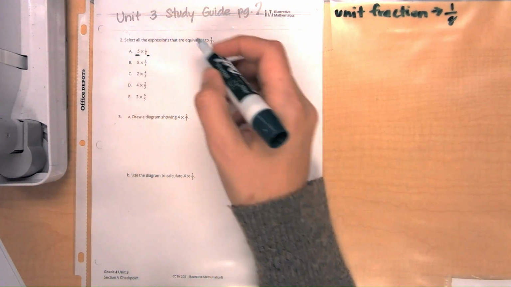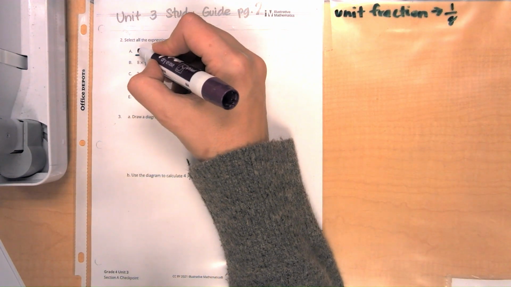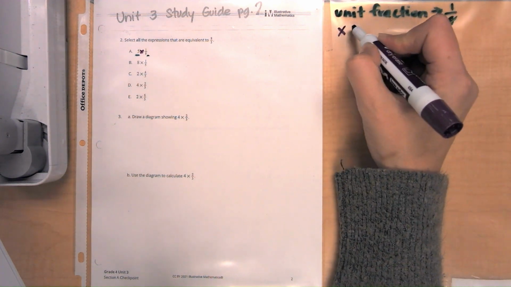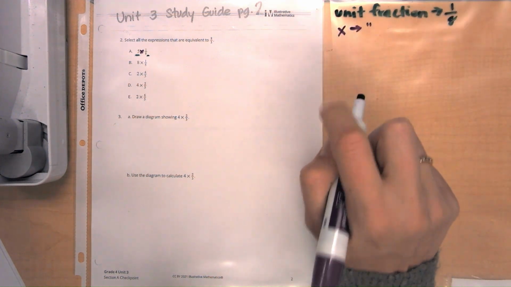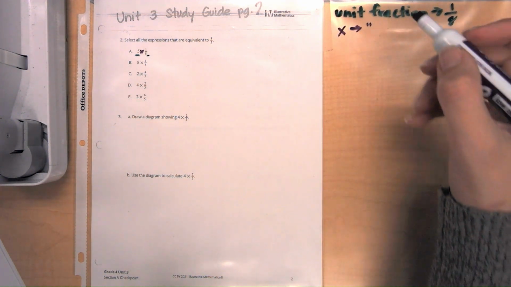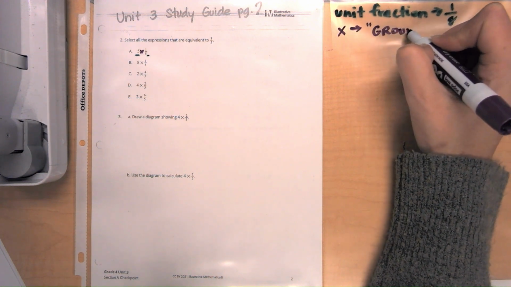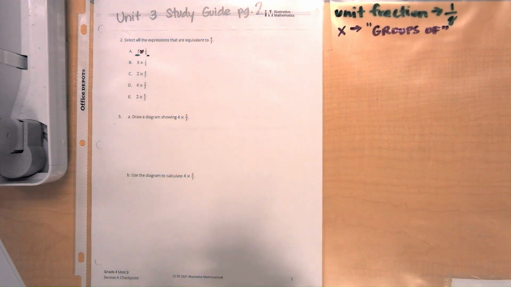So we are multiplying whole numbers, which is whole things, by unit fractions. We have a new rule in the 4th grade. This little symbol right here. I'm going to make some notes over here. This little symbol right here, instead of saying times, which we always have said, what do we say? We say groups of. This is going to really help us think about what we're doing here.